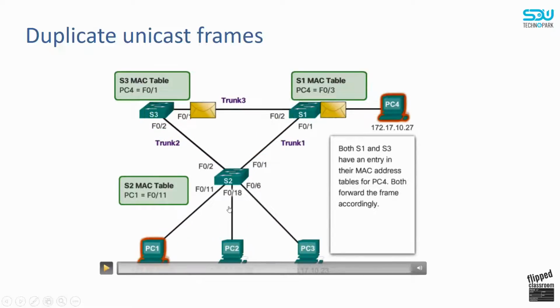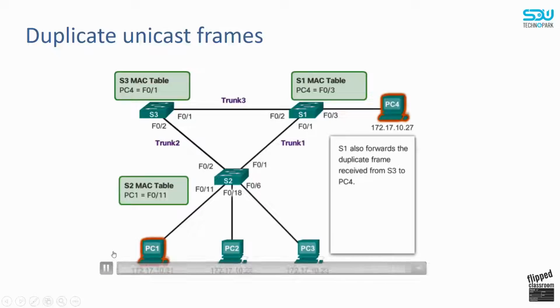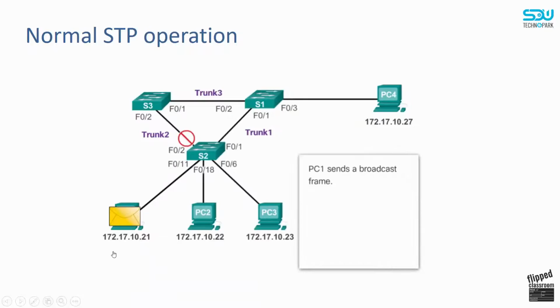By the way, at the beginning, switch 2 doesn't know which port is bound to PC4 because there was no such information in its table, and as you remember, a switch propagates the broadcast communication, and as a result, PC4 will get the same message twice, and this is called the duplicate unicast frame issue.